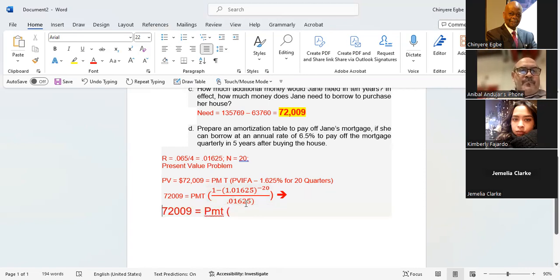Somebody tell me, what is 1.01625 to the power minus 20? 0.72441.